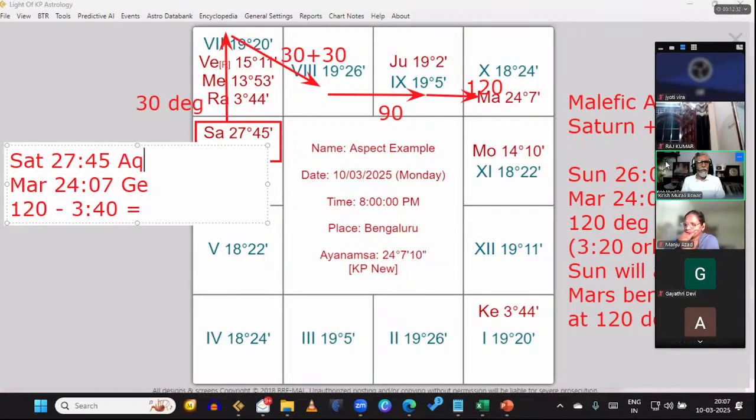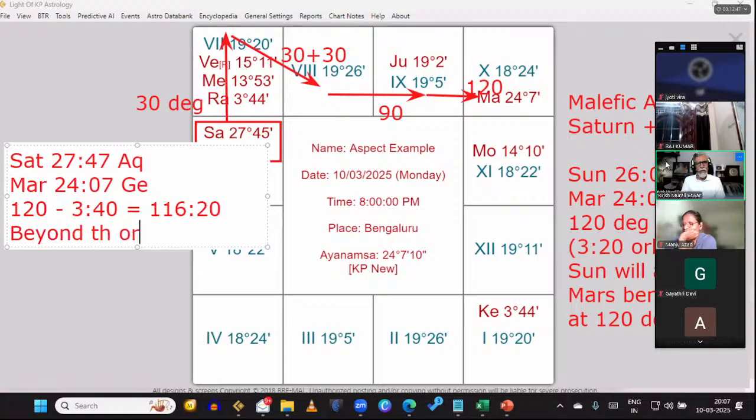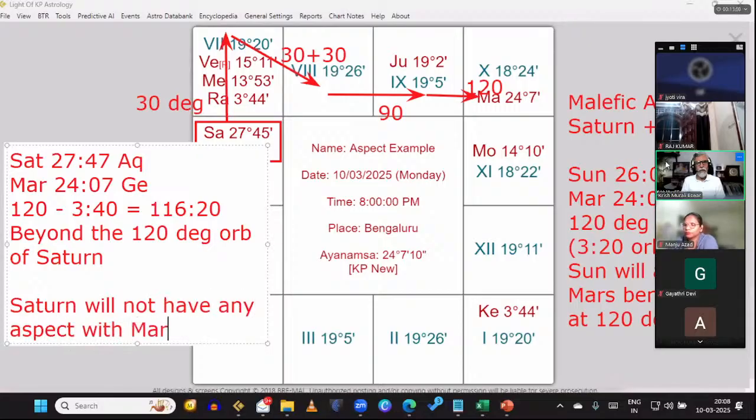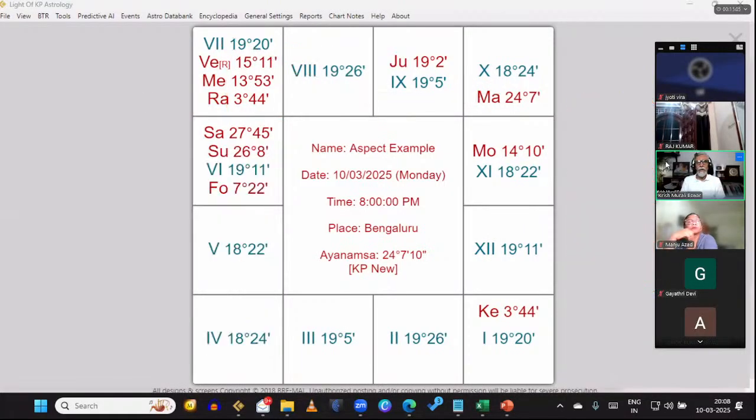So I will say 3.4, and I'll assume this is 0.7, just for round number sake, I'm taking 3.40. So this will be around 116.20. So it is beyond the orb for the 120 degree aspect. So Saturn will not have any beneficial aspect with Mars. So just keep this in mind. I'm just giving you an example of how to analyze all of this.